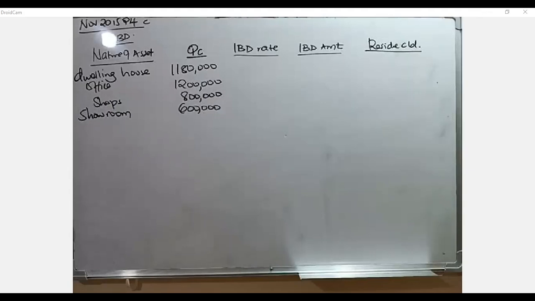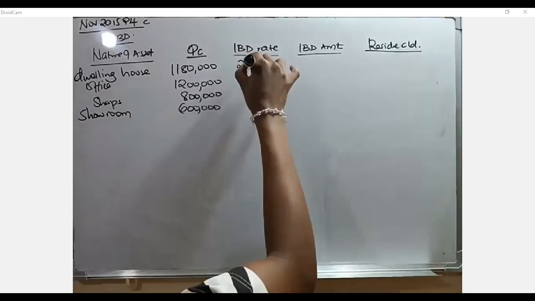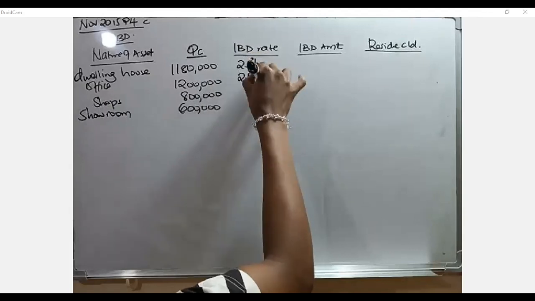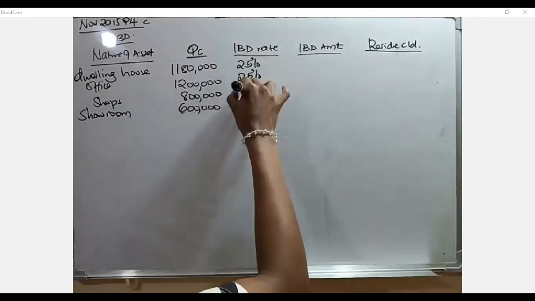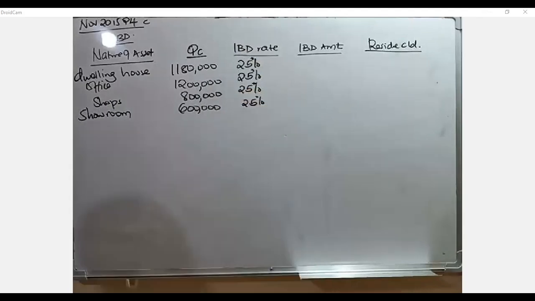But there is another area where I told you that the cost of the showroom, retail shop, caretakers dwelling house, administration block all qualify at the rate of 25%. So here they qualify for 25% each.